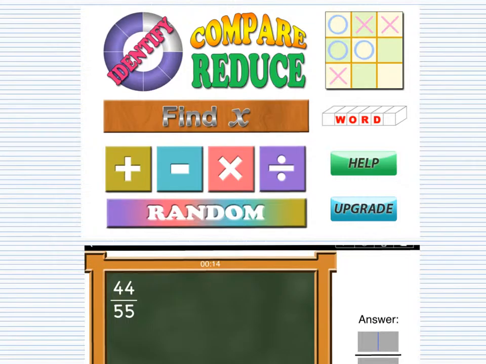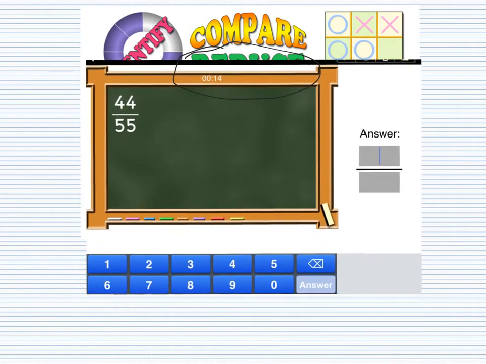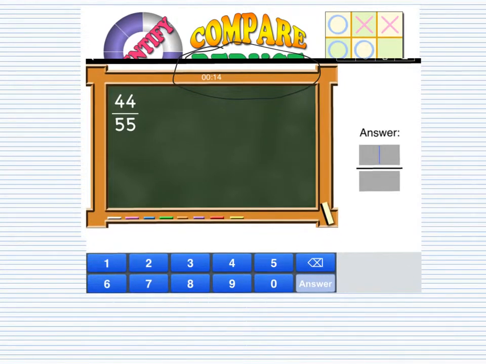Next, we will talk about the reduce category. In the reduce category, it shows the students a fraction, and they are supposed to reduce it down to the smallest form. For example, on this problem, the greatest common factor would be 11.